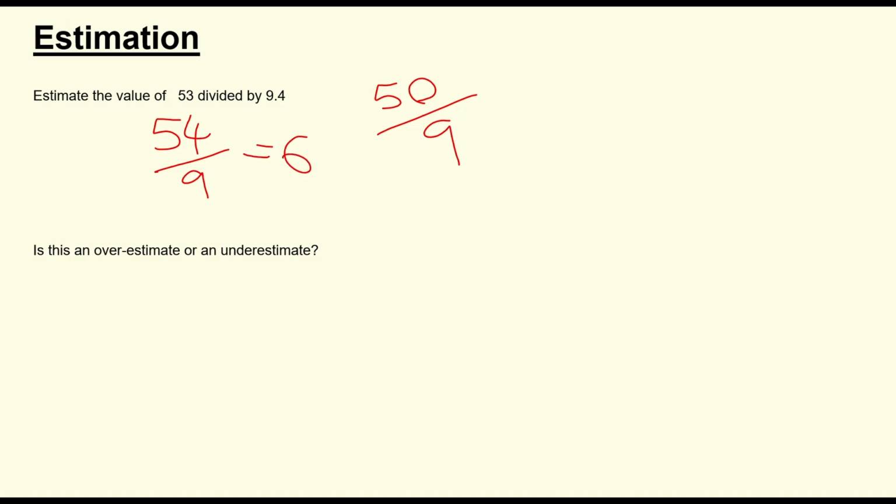If I were to do 50 divided by 9, by the way, and I'm quietly pulling out my calculator here, I'd like to claim I'm doing it in my head, I get 5.5555555, and the real answer to the question, 53 divided by 9.444, is 5.6. So it might have been more accurate doing it this way.